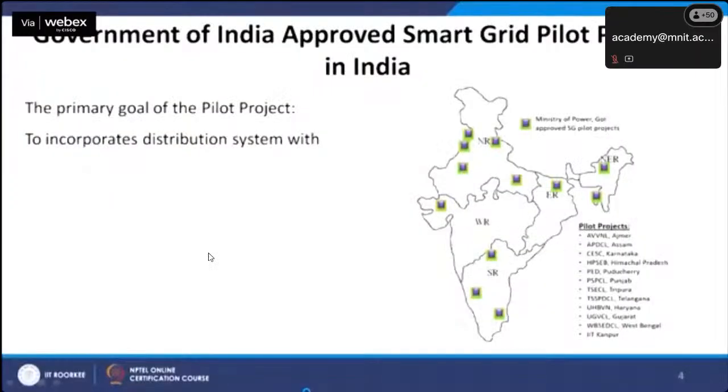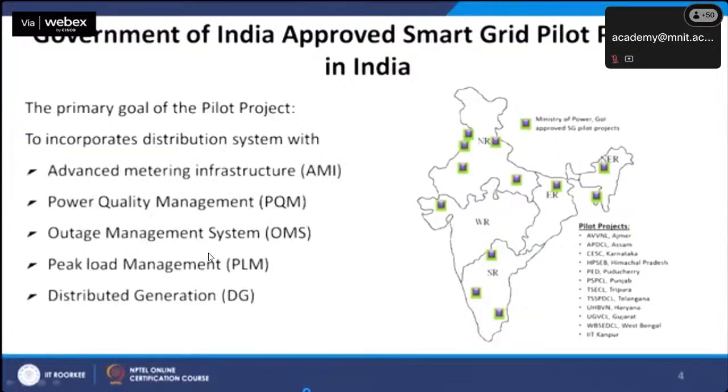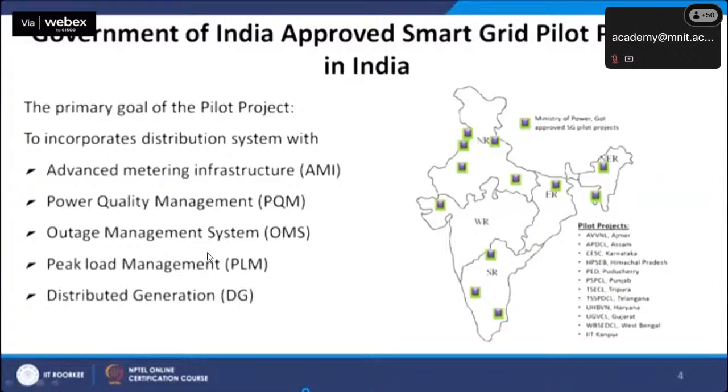Now, the government of India approved smart grid pilot projects. There are many. The primary goal of the pilot projects is to incorporate distribution systems with advanced metering infrastructure, AMI schemes, power quality management, PQMs, outage management systems, peak load management, distributed generators. So, you can see there are so many pilot projects being executed.